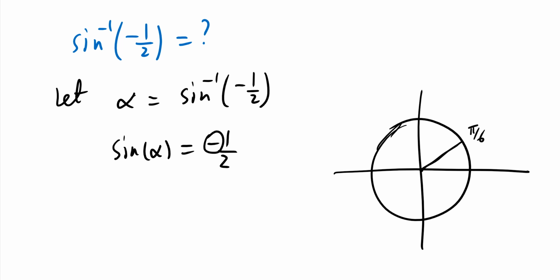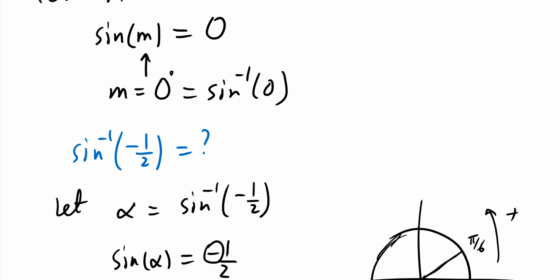The first angle, if you travel this way, the positive direction, where the sine is negative is going to be here. It's pi plus pi over 6, which is 7 pi over 6. If you put that in here, guess what's going to happen? That's not going to work out. Why is that? I'm trying to find the y value.